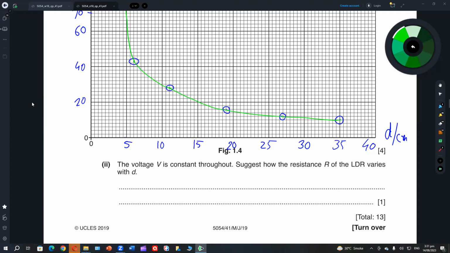Let me mark the point for you. I think the last 2 points are a bit low. Look at this point, this one. This point is coming wrong. How come this point is in line with the other point?